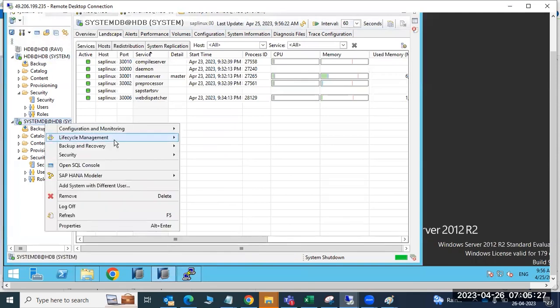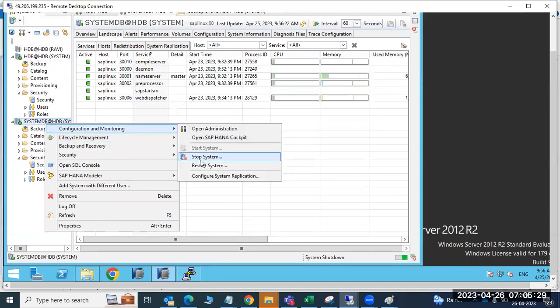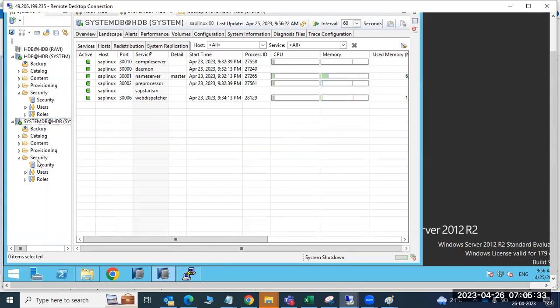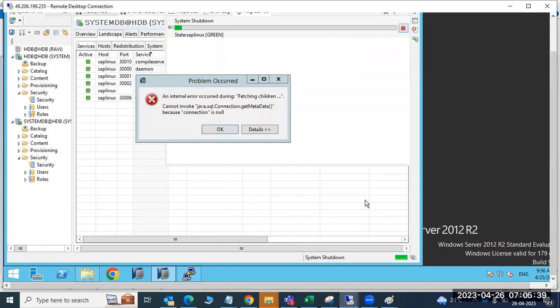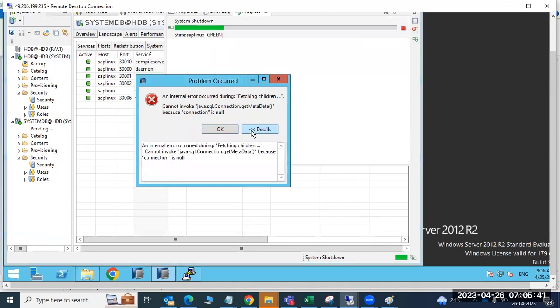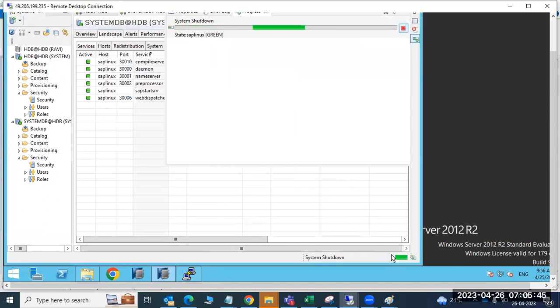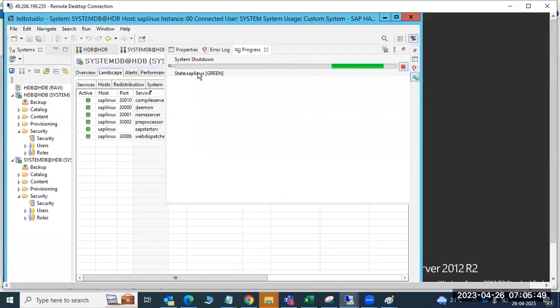From here also we can initiate stop, start, restart like that. We can see the status bar. The database connection is not available. The system is shutting down, which means stopping. You can see the query is initiated.